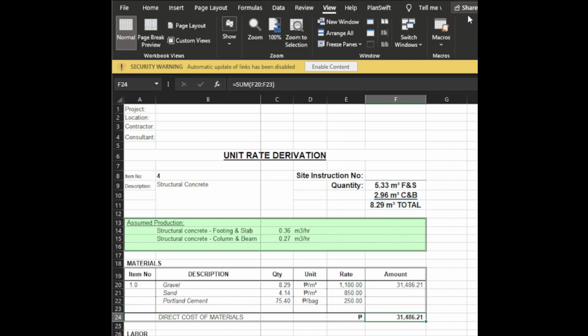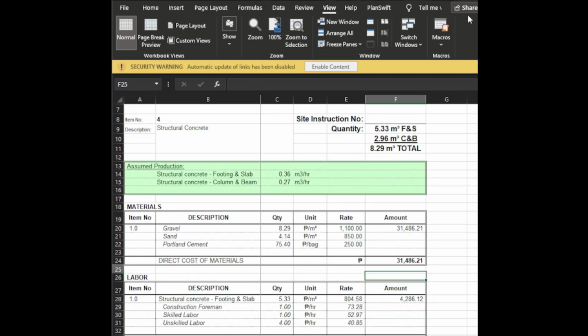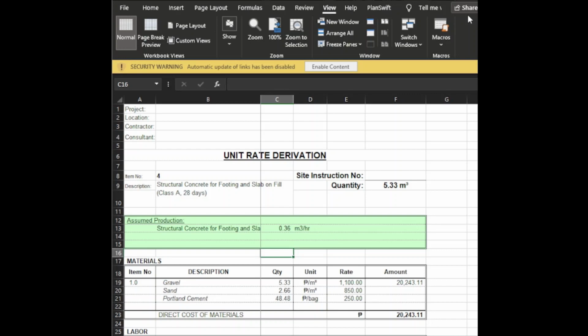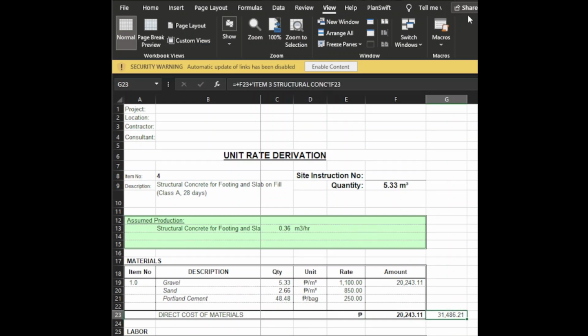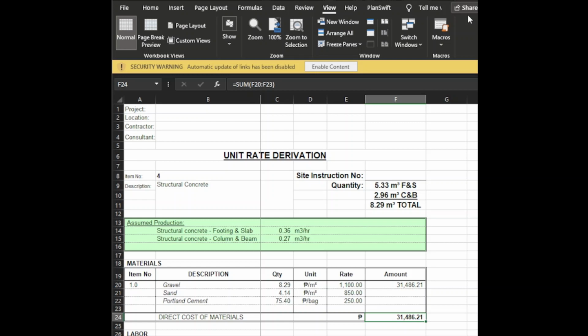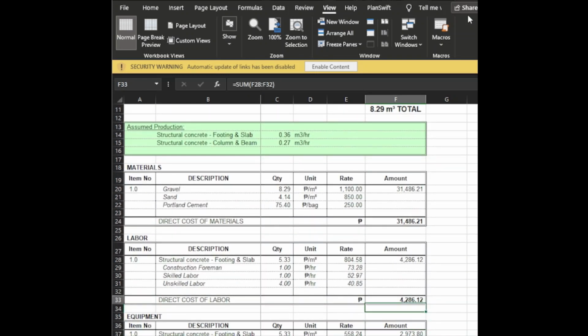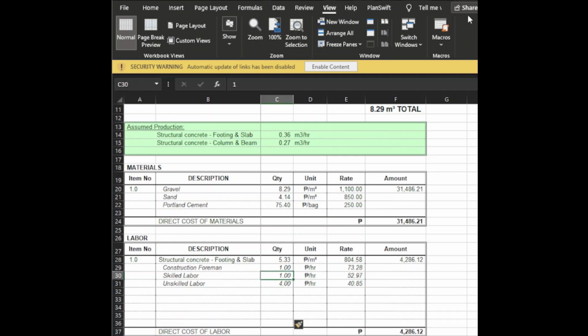So this is the 31,486, the total amount for our concrete. So if we will check that one from our previous items, we will add this one to this one, 11,000. So 31,000 also 486. So it's the same, 31,486. Okay, but for here we will make it separate.